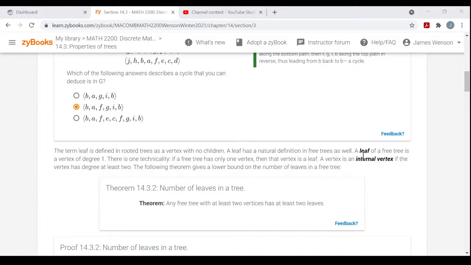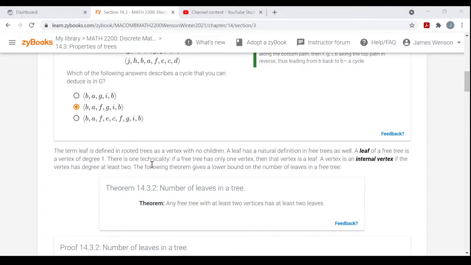So instead of just having no children, a leaf of a tree is a vertex of degree 1. And that's the way it is in a rooted tree as well. Every vertex that didn't have a child had degree 1, just one edge coming off of it.